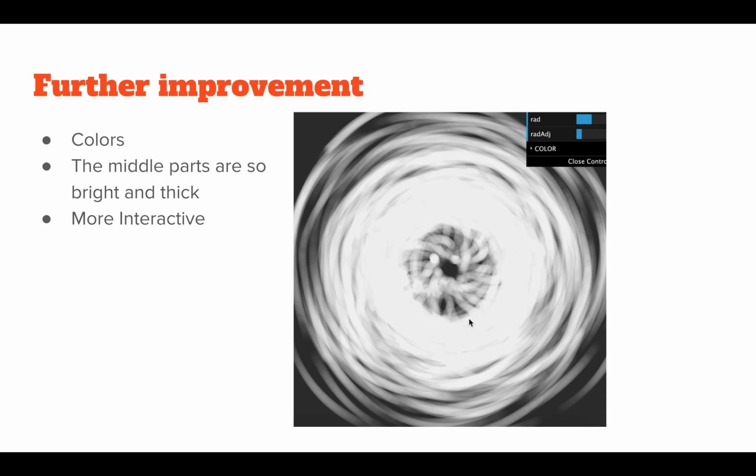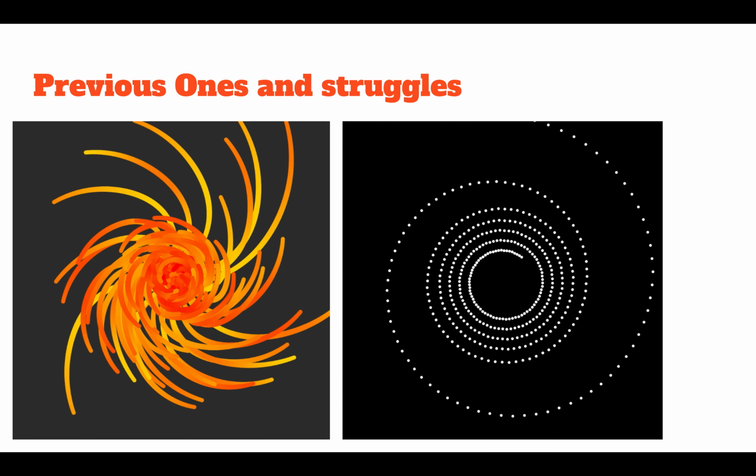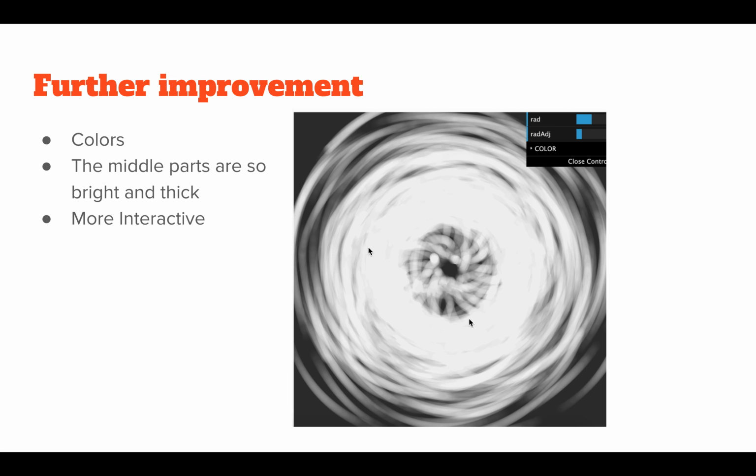Probably the first thing is the color, because besides this color, I also tried pink and dark red ones, but I finally found that only when it is white with very low opacity does it look like a cloud texture.